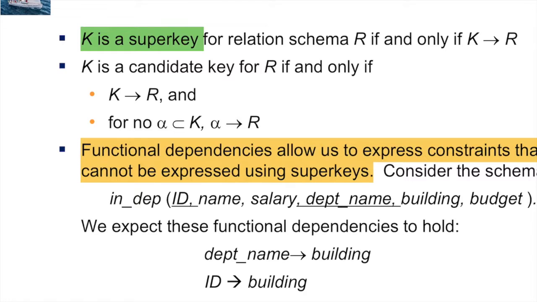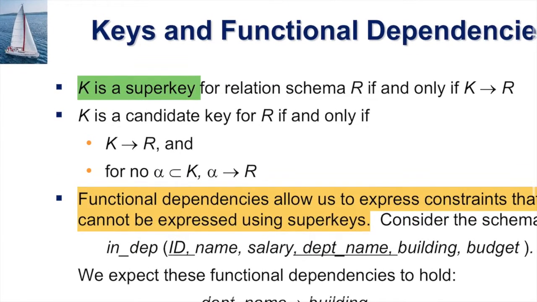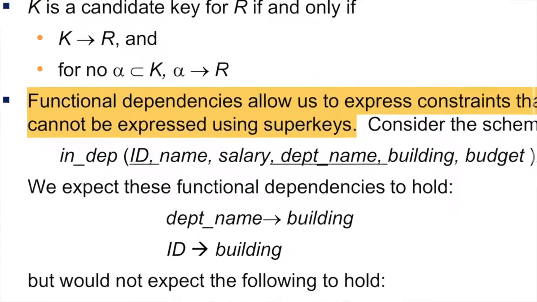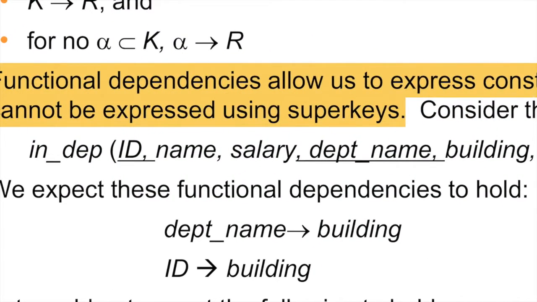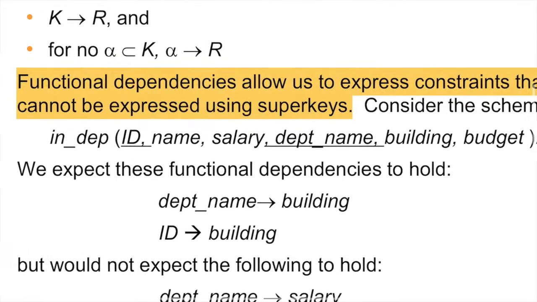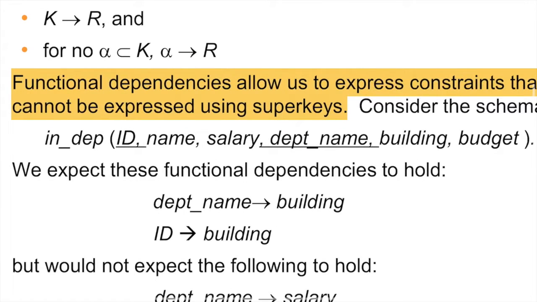Aside from the concept of super keys, we can also use functional dependencies to express relationships between different sets of attributes in a relation. So, suppose we consider ulit yung schema natin a while ago, the in-depth relation or in-depth table.